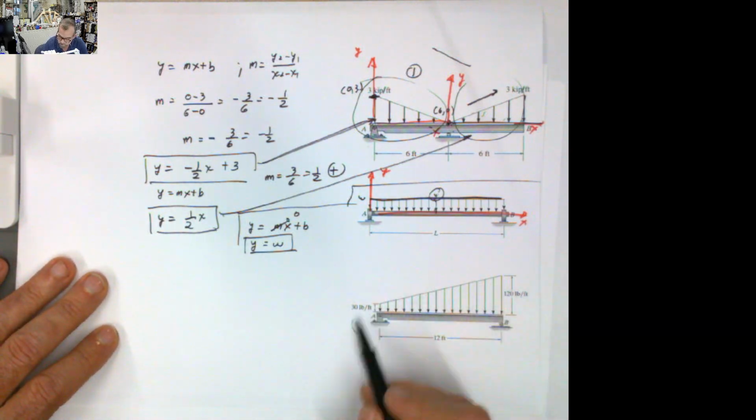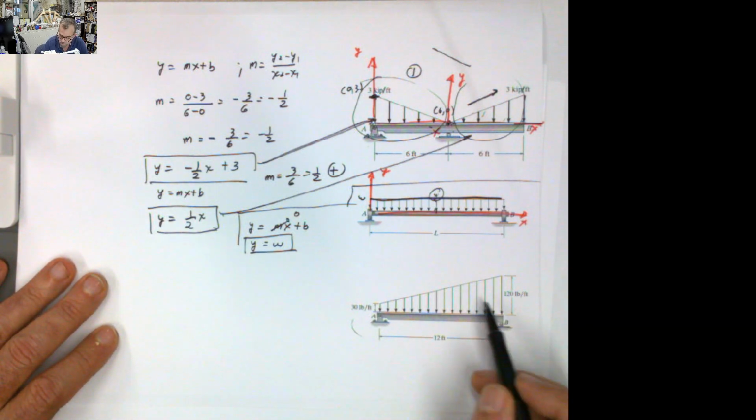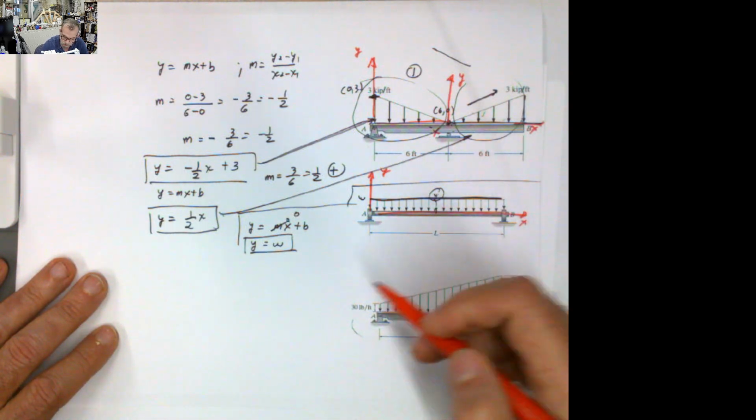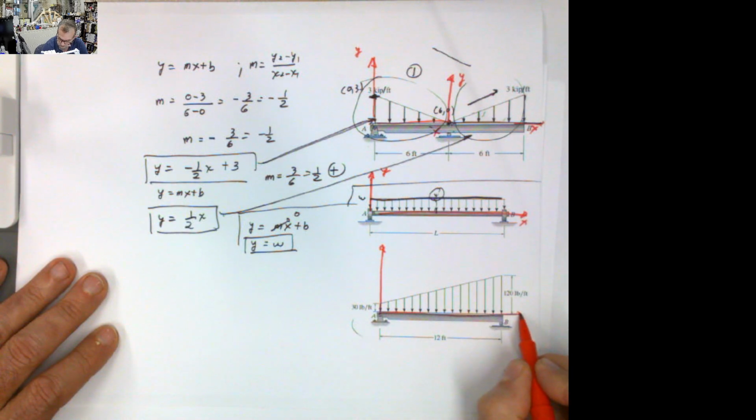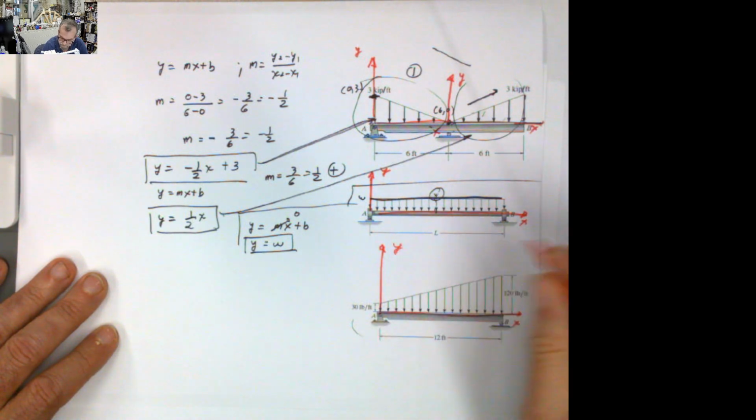Now let's say that you want to calculate the equation of this one. Y-intercept form again. I put my axes here, x and y. I can use 2 points if I want to.